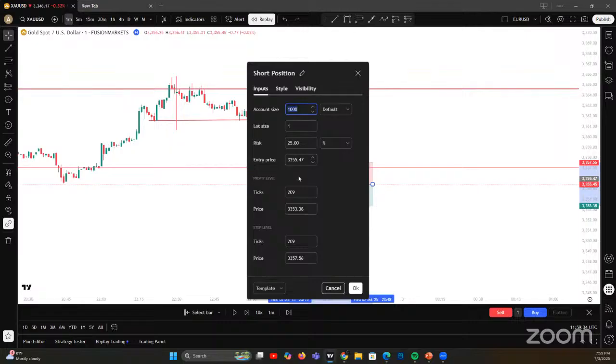Okay, stop loss. If the entry price is 3355, the stop loss should be 50 pips above. 33, what? Tell me. If the entry is 3355 and we need the 50 pip stop loss above, what should be the stop loss here?